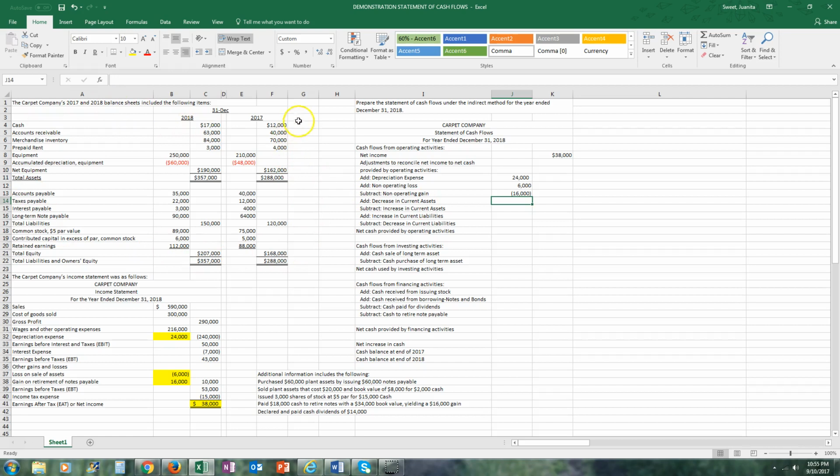Now we're going to focus on the balance sheet. And we want to look at the changes in the accounts that are used in accruals and deferrals, our adjusting entries. But first, let's look and see that cash at the end of the year is $17,000, where it began at $12,000. So our change in cash of $5,000 is actually going to be our answer down here, $5,000.